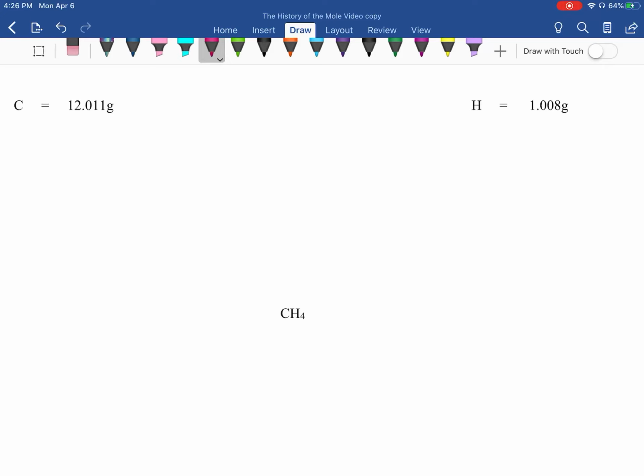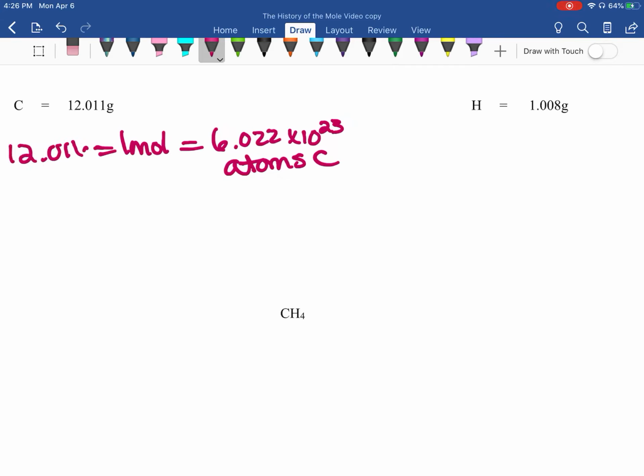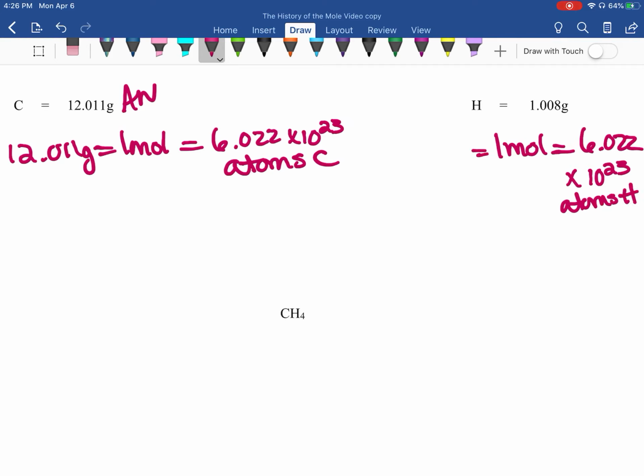If we've got carbon and we take 1 mole, that 1 mole is Avogadro's number, and we've got 12.011 grams as our atomic weight. Let's do the same thing for hydrogen. If we've got 1 mole of hydrogen, that's giving us Avogadro's number, and that weighs our atomic weight.